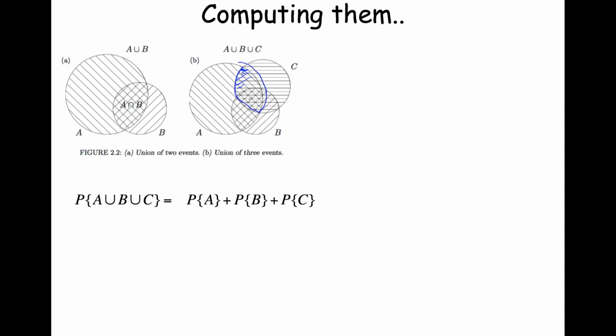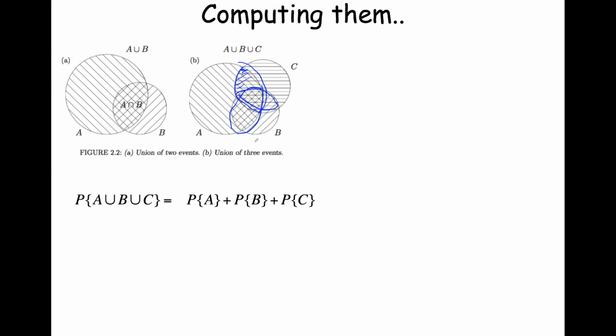You have A overlapping with B. That's that region. And then you also have B overlapping with C. So when you add the probabilities of A, B, and C together, you end up counting these two-way overlap regions more than once. So how do you fix that up?